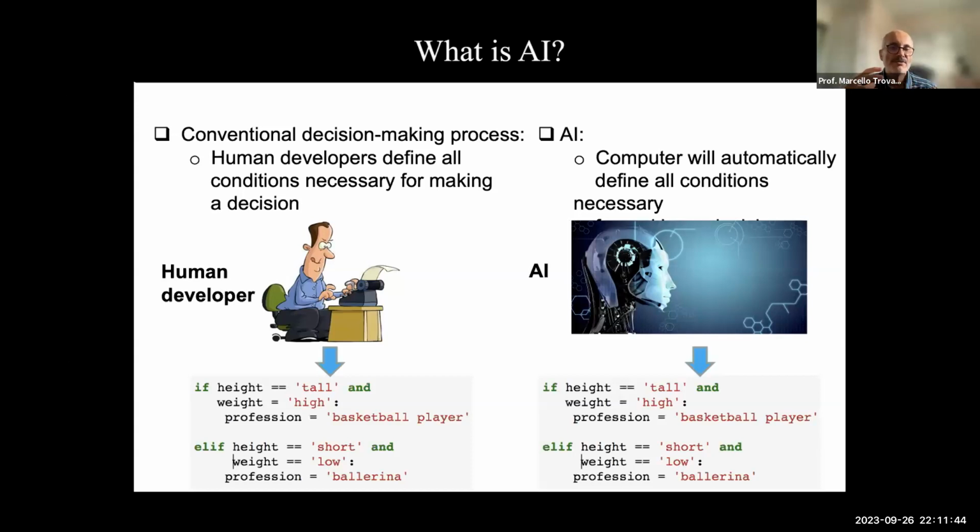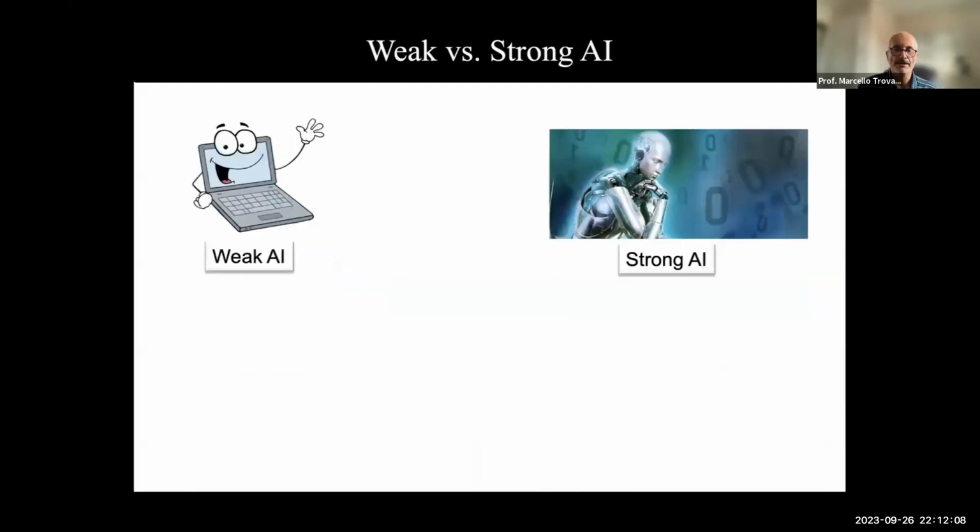When a human developer, a human modeler, deals with a new model, with a new definition of a set of rules, he or she would look at a relatively small, compared to AI, very small data set, and would go through all the analysis manually. It's something that doesn't happen in AI.